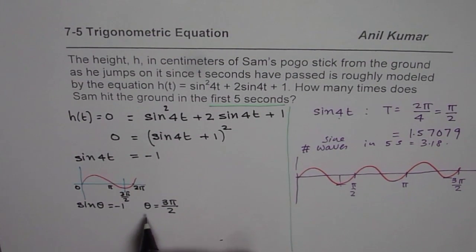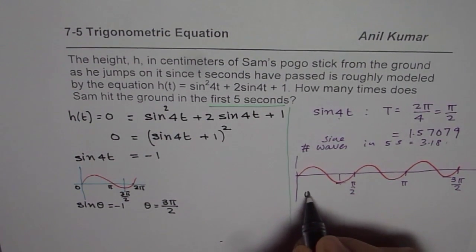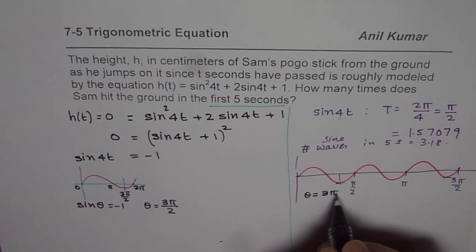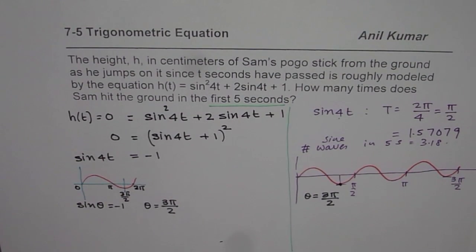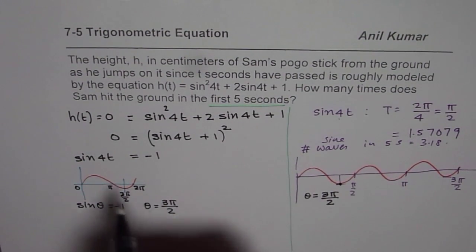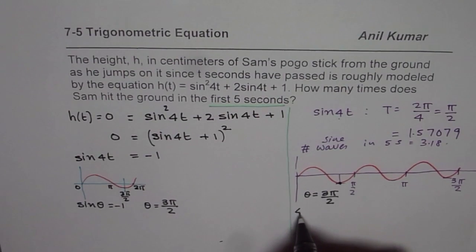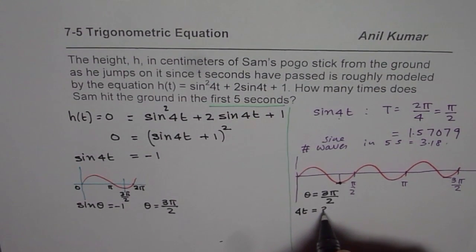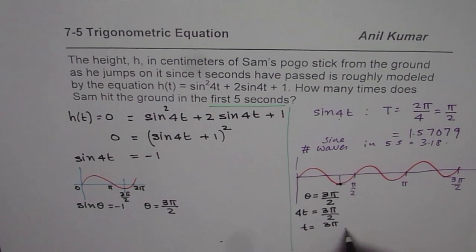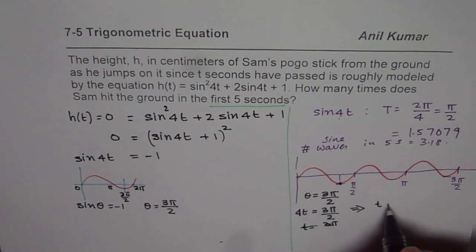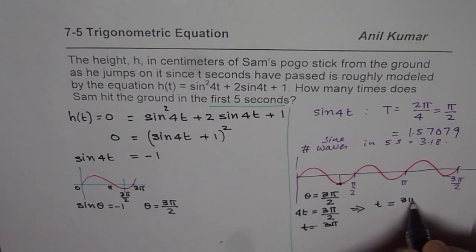Now what we really get is theta equals 3 pi by 2. I'm talking about the very first answer. Now theta for us is 4t, so we'll say 4t equals 3 pi by 2, and therefore t equals 3 pi by 8.